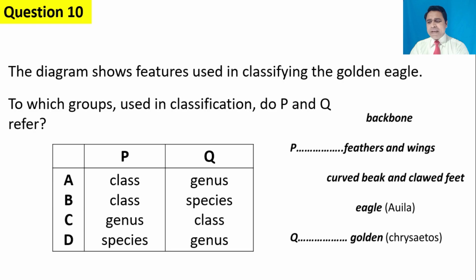Option C, P is genus and Q is class. Option D, P is species and Q is genus. This is species, the lowest level of classification. Q is species. And this is P. It's a class. Class having feathers and wings. These are birds. So, option B is the answer.